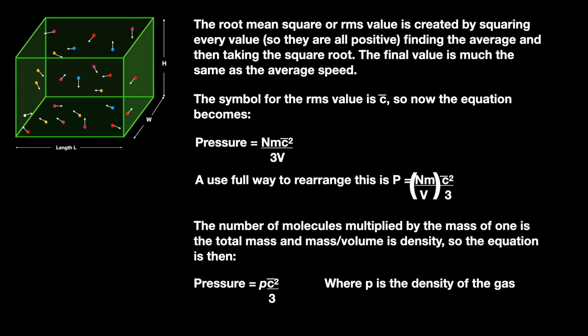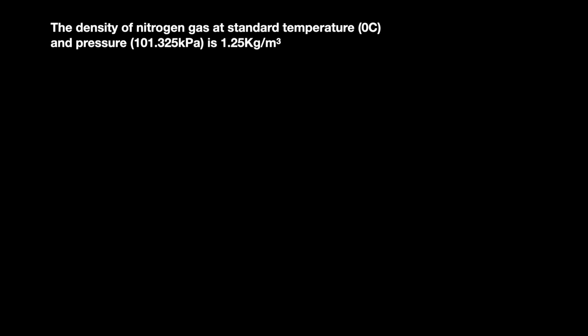Adding just a minute or so to this video, I'll just show you a typical examination question using this equation. You're given the density and pressure of a gas and asked to find the average speed of the molecules. Using our just derived equation, from this we get 101,325 Pascal is equal to 1.25 bar C squared divided by 3.